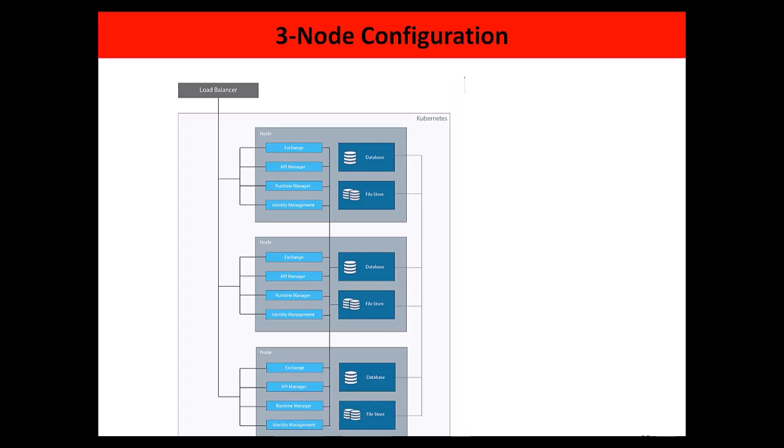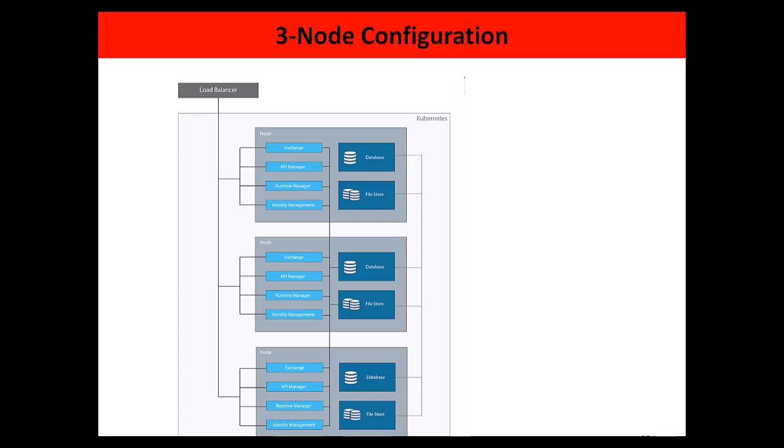And on each node, a database is there, which all these services might be using. That's not our application specific; these are platform specific services. All these platform services like Exchange and Runtime Manager will be using a database, and the database will also be present on 3 nodes, as well as one more thing called a file store. Basically this is for storing objects. Object store will be here.